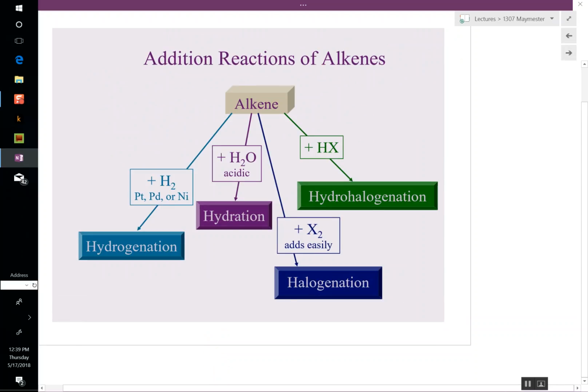Okay, reaction summary for chapter 11. Here are your 4 addition reactions: hydrogenation, hydration, hydrohalogenation, and halogenation.